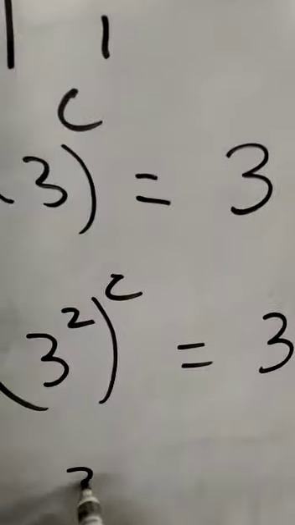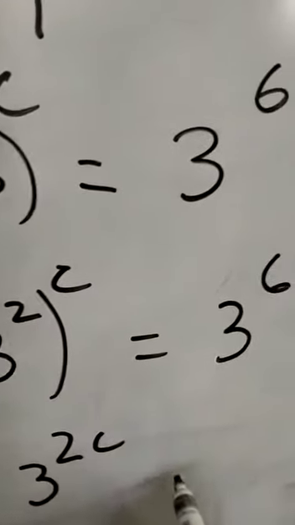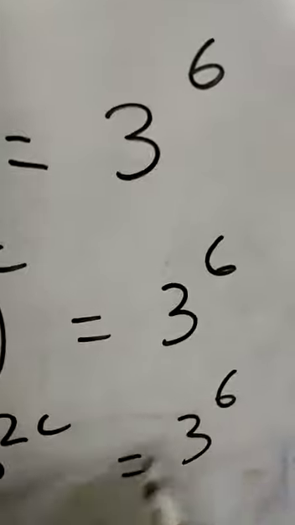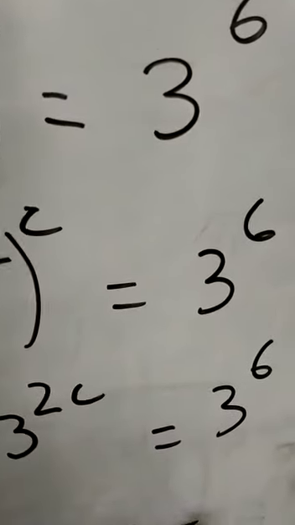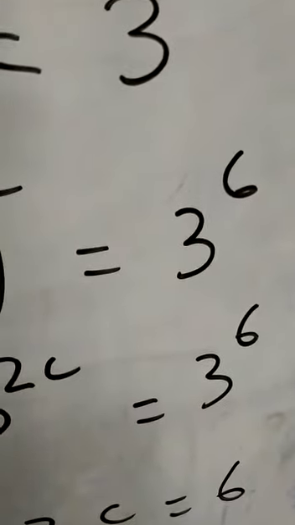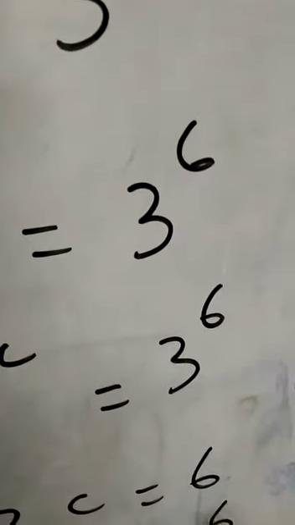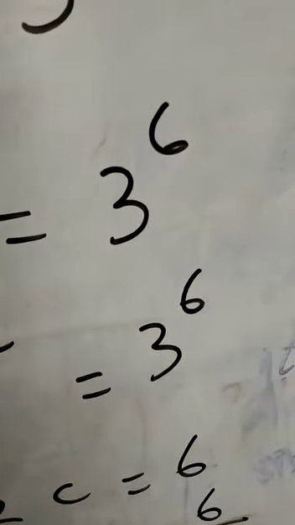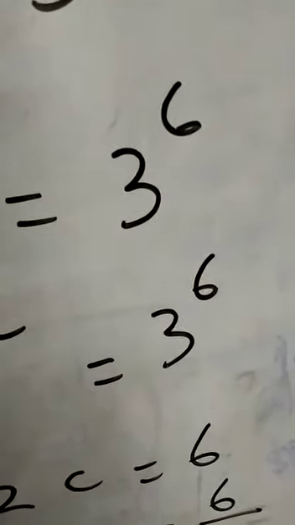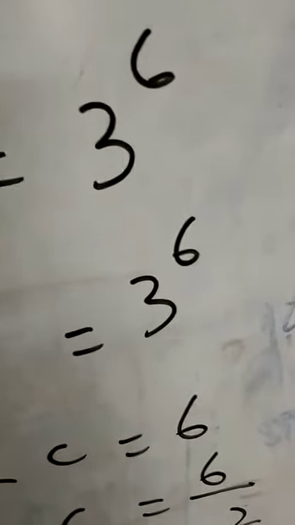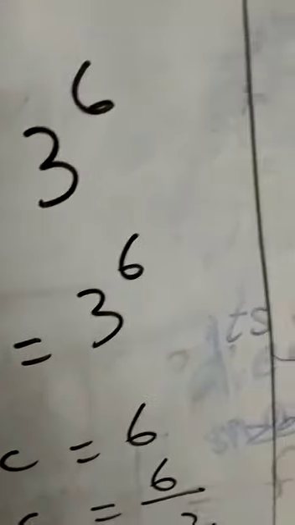So that will give you 3 to the power 2c and 3 to the power 6. 2c is 6, so c is 6 upon 2 and c is 3. That's it. This is your answer.